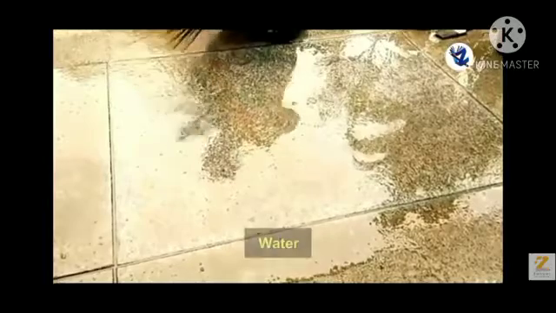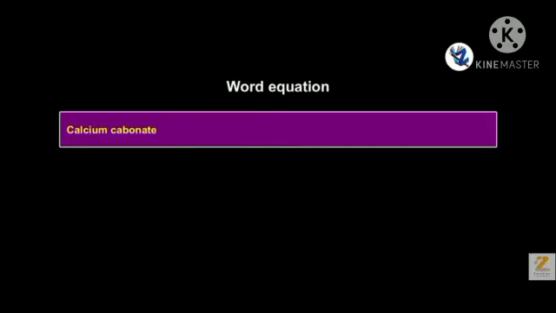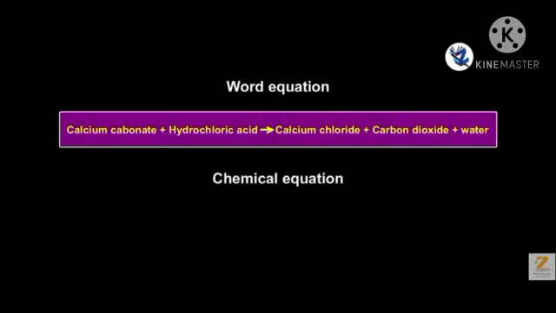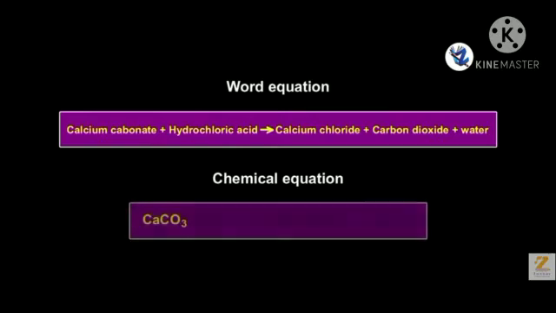And third, water, which mixes with water. So the word equation: calcium carbonate plus hydrochloric acid gives calcium chloride plus carbon dioxide plus water. Now the unbalanced chemical equation: CaCO3 plus HCl gives CaCl2 plus CO2 plus H2O.